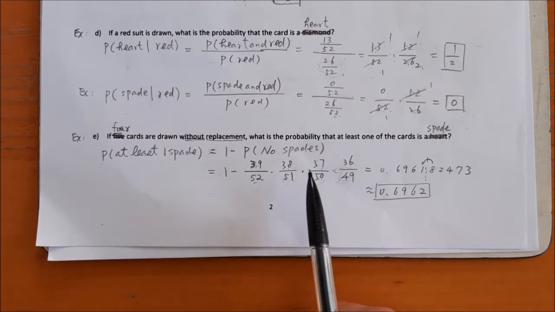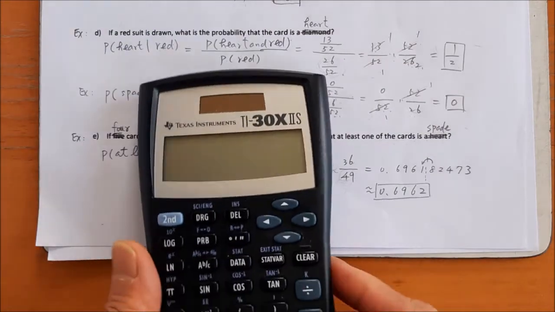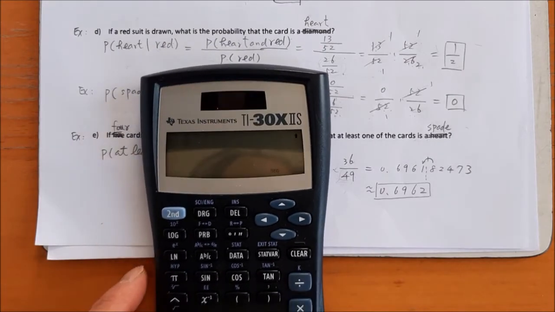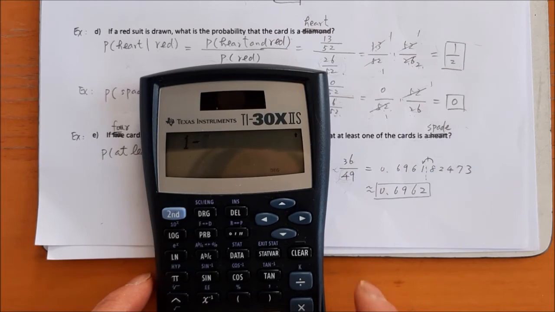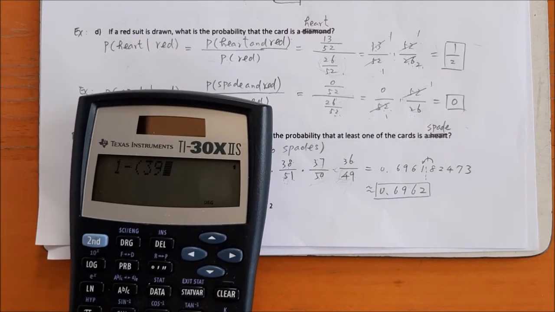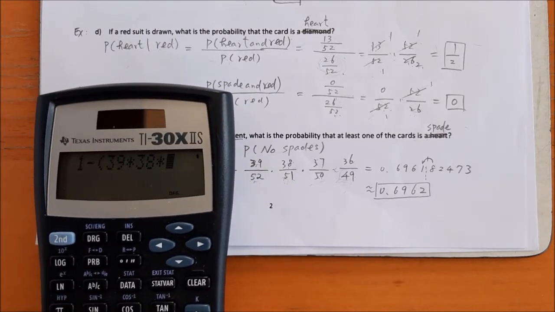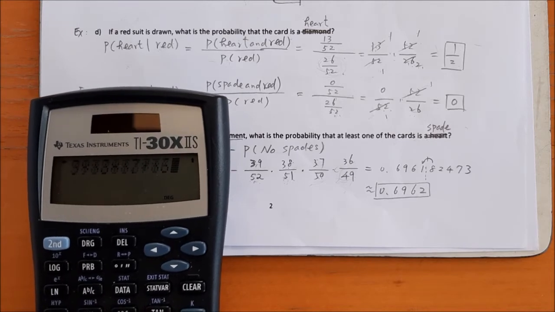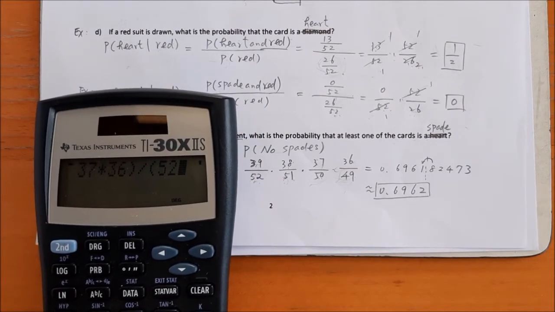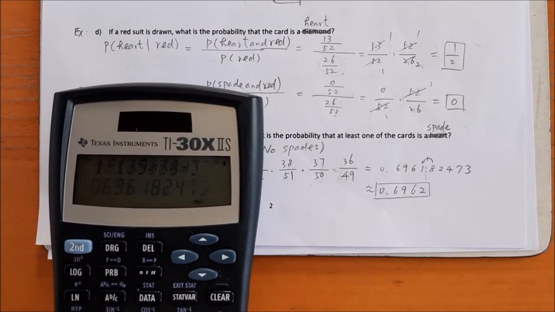You figure this out using a calculator. You can do 1 minus parenthesis 39 times 38 times 37 times 36 parenthesis divided by parenthesis 52 times 51 times 50 times 49 parenthesis, and hit enter.